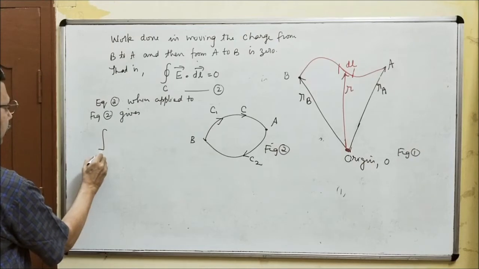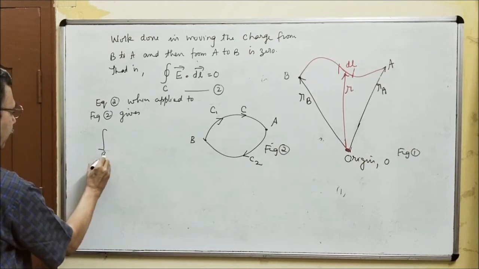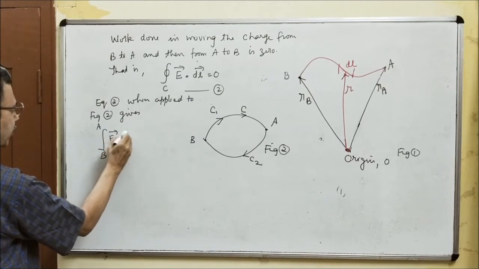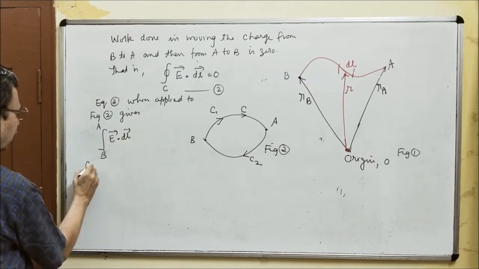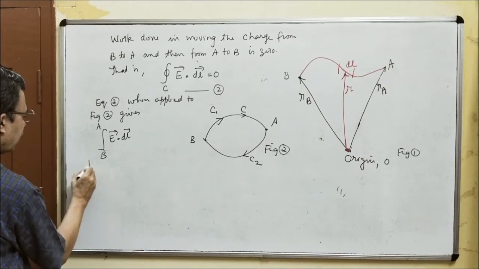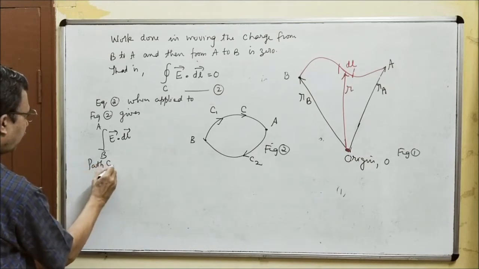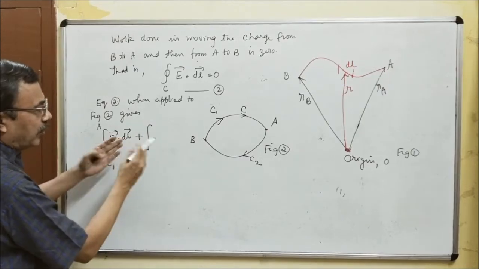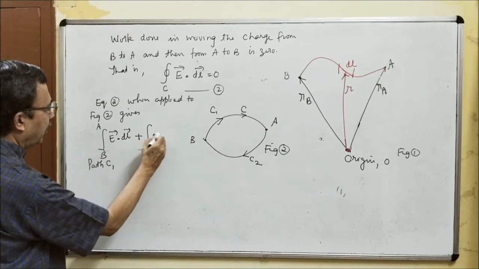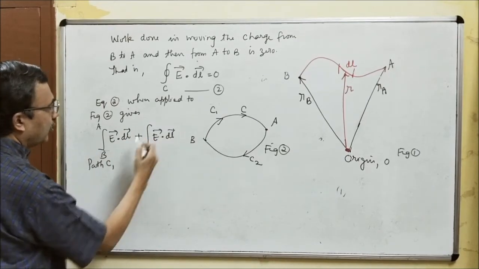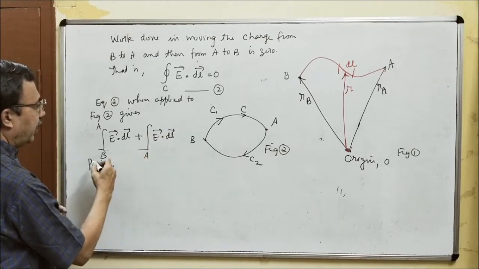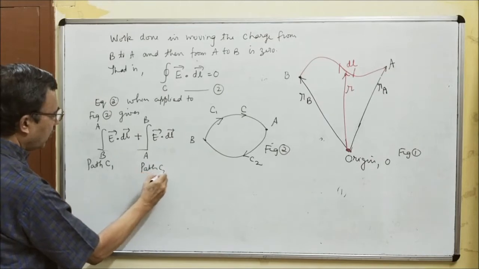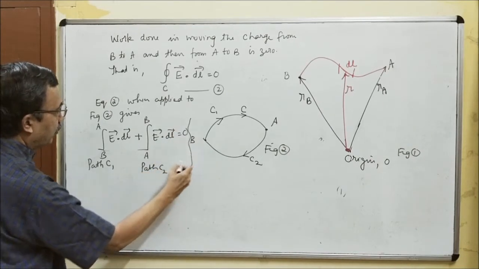Integration from B to A of vector E dot dl, this is along path C1, plus integration of vector E dot dl from A to B along path C2 is equal to 0.